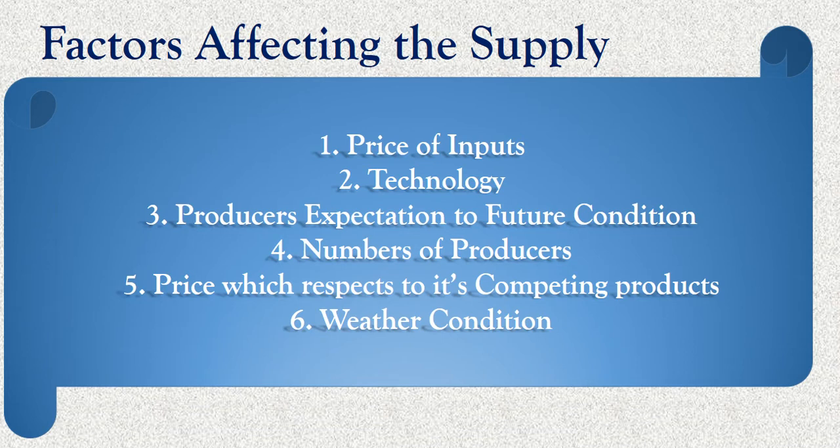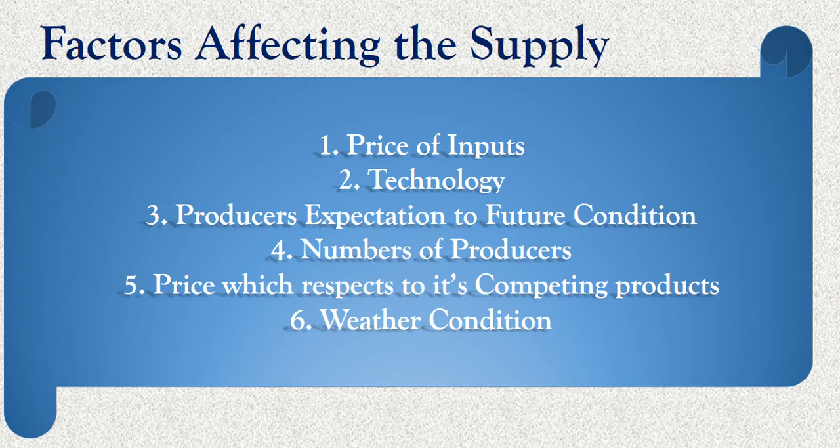Next that I'm going to discuss is the producers' expectation of future conditions. Of course, it is expected that the supply will also change depending on what season or what kind of situation is expected in the future. And the last one that I'm going to discuss is the price with respect to competing products.